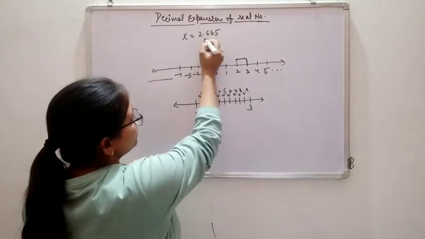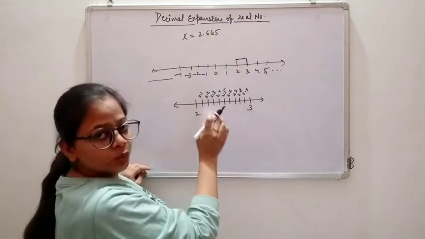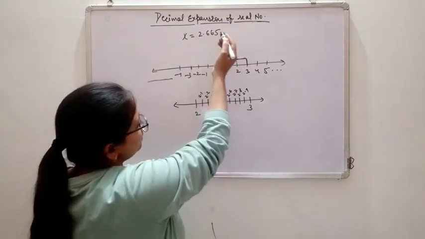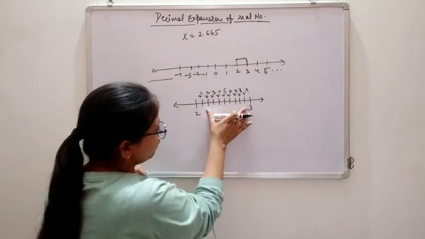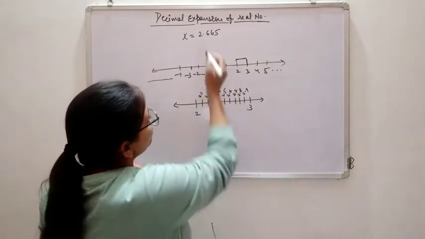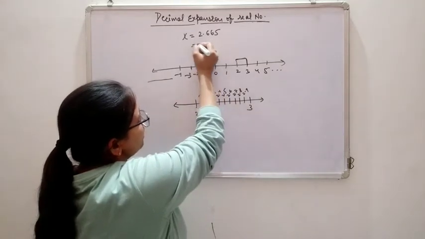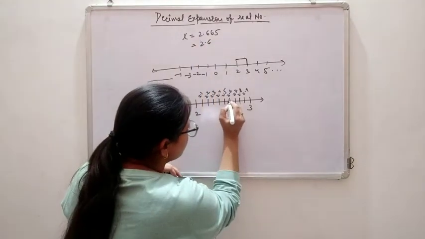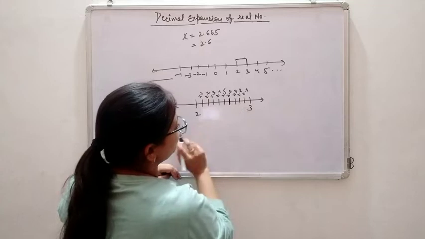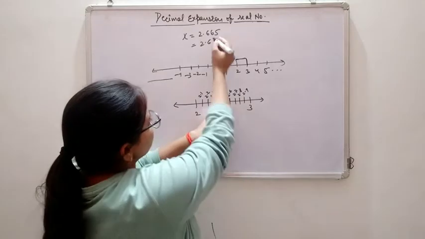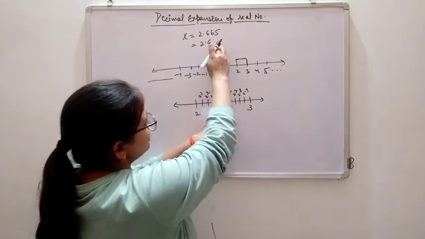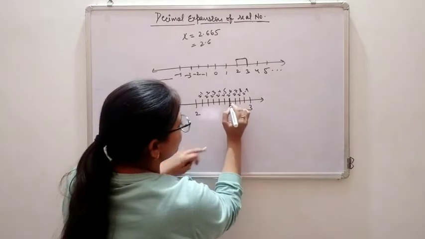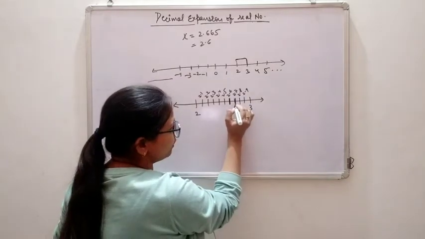So now you know that this number is between 2 and 3, but where in 2 and 3? There are 10 portions between 2 and 3. But you know that this is 2.6 first. So this bar represents 2.6, right? But less than 2.7, right? So this is somewhere between 2.6 and 2.7.